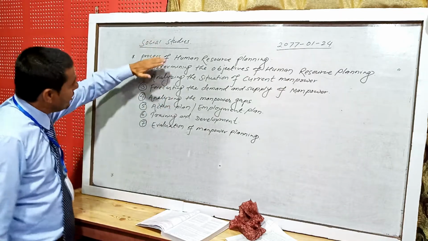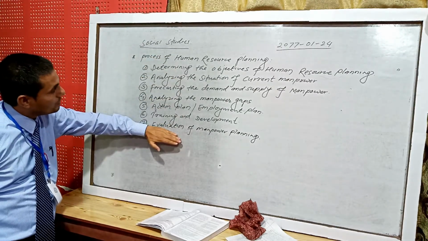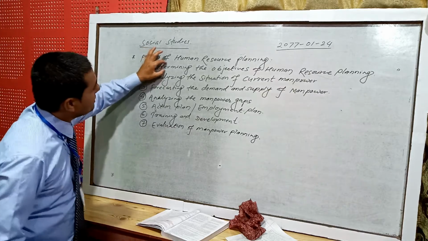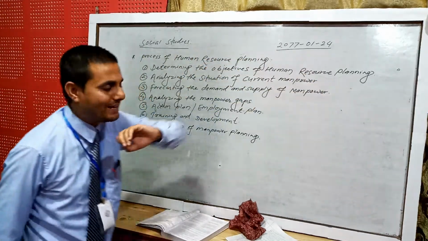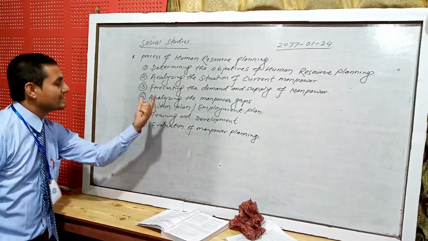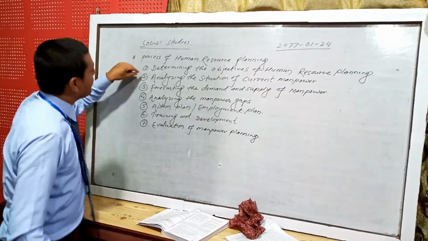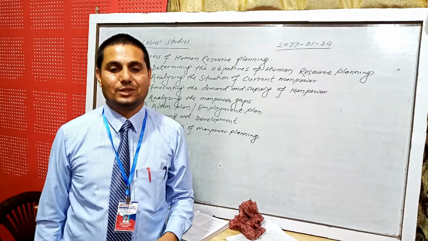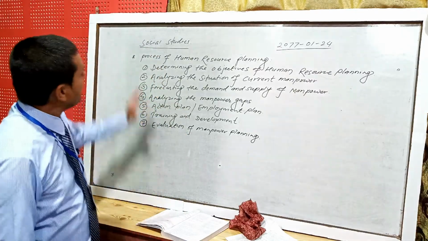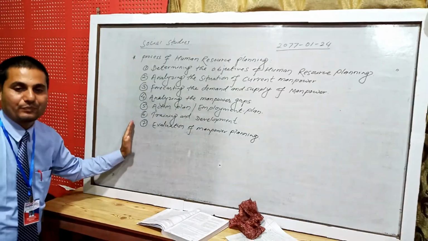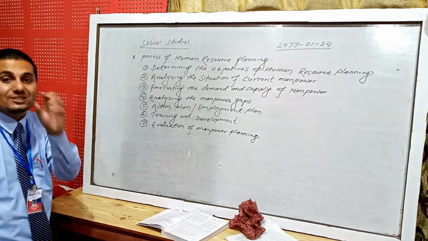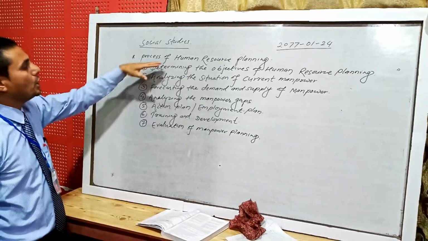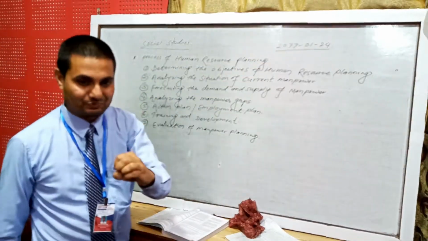So we need to write in process. Suppose if you write first determining the objective of human resource planning, and then as the second process evaluation of manpower planning, it won't be right. It would be a mistake. So we need to write in stepwise process. This is called stepwise process of human resource planning.